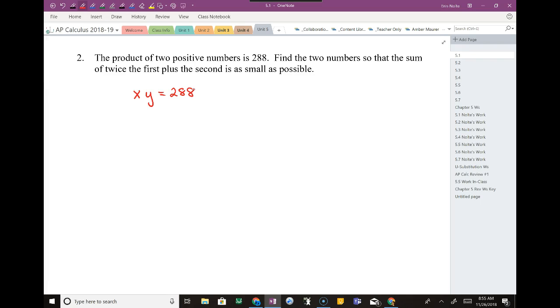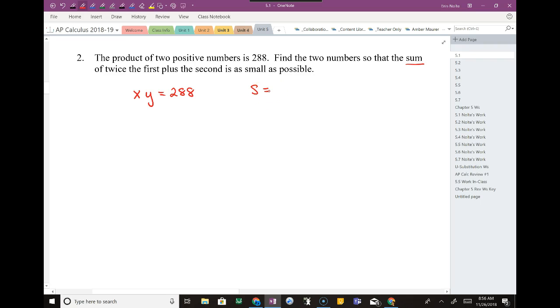So the second piece, this is the one I have to optimize. It says find two numbers so that the sum of twice the first plus the second is the smallest. Everybody get that equation? So what is the sum meaning? We're adding. So I'm just going to use S to represent sum.